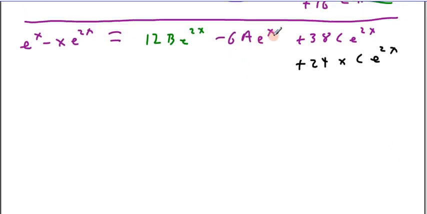Now the only term with an e to the x in it is that guy. So 1 has to equal minus 6a, implying that a is minus 1 over 6. Maybe. A is minus 1 over 6.